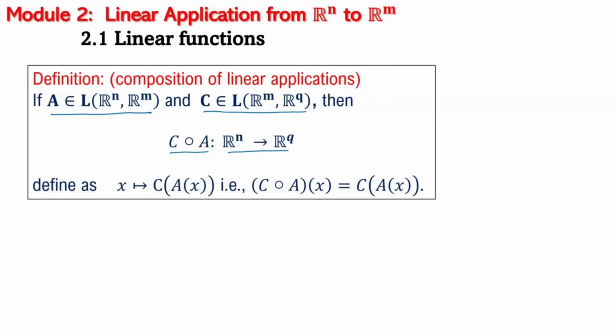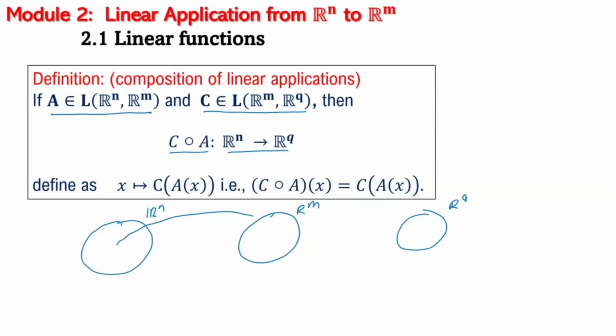Basically, C will be defined on the image of R^n under A. So we can take it like this: this is R^n, this is R^m, and this is R^q. All the entries of R^n will go to some set in R^m, and therefore C is defined from there.